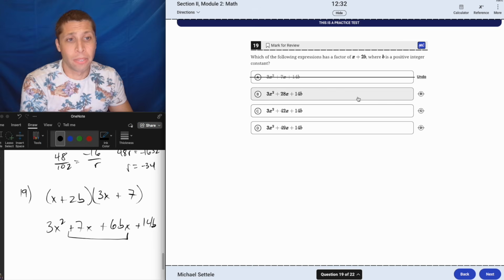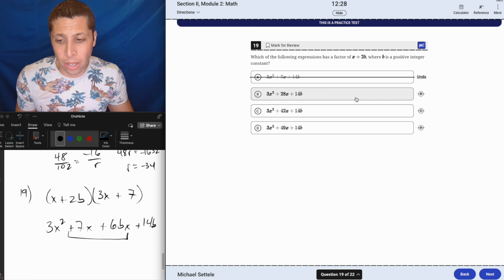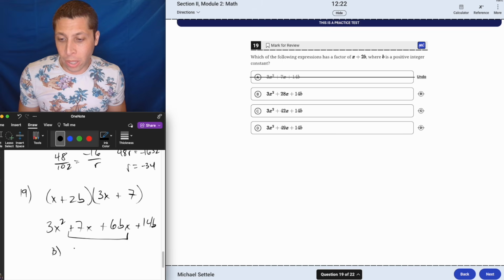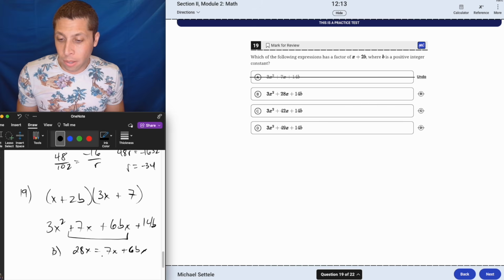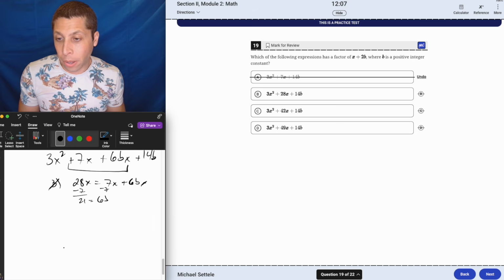That's not positive, and it's got to be positive. So 28 minus 7 is 21. If we tried to make it 28, then 28 equals 7 plus 6b. So minus 7, 21 equals 6b. You can't divide 21 by 6. Let's keep going.